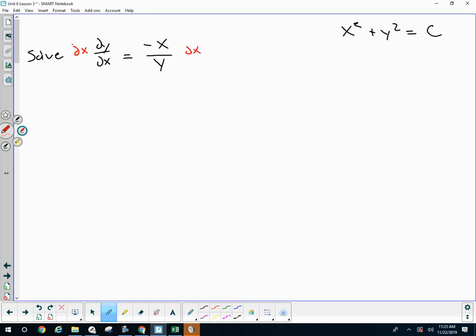Now, when I multiply both sides by dx, the dx is gone from that side. And I just have dy equals negative x over y dx. And you know what I'm going to do? I'm going to multiply both sides by y. I'll cancel over here, and I'll have y dy equals negative x dx.